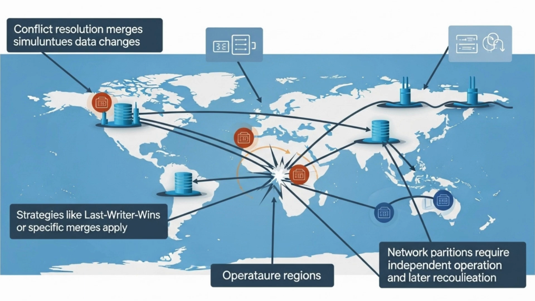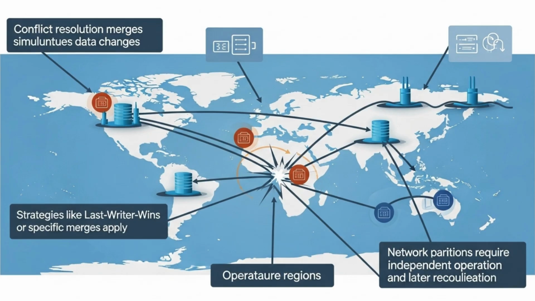Think of Google Docs, two people editing the same paragraph from different countries. Google Docs doesn't crash, it intelligently merges their changes. Similarly, in our systems, conflict resolution merges simultaneous data changes to ensure a coherent final state. A key tool for this is vector clocks, which track the causality of events. These aren't just simple timestamps.